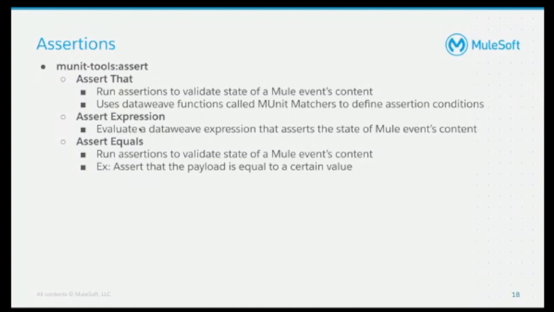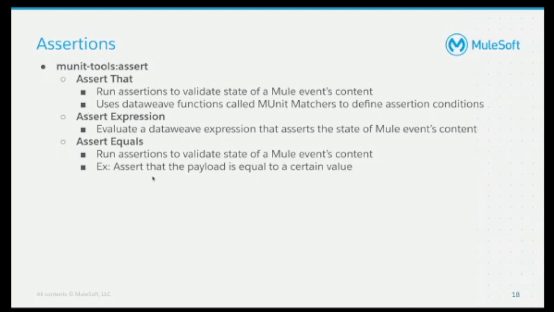This one evaluates using a DataWeave expression, and it internally uses a DataWeave assertions library. So you can have all your assertions in separate DataWeave files. You do complex assertions using the library.